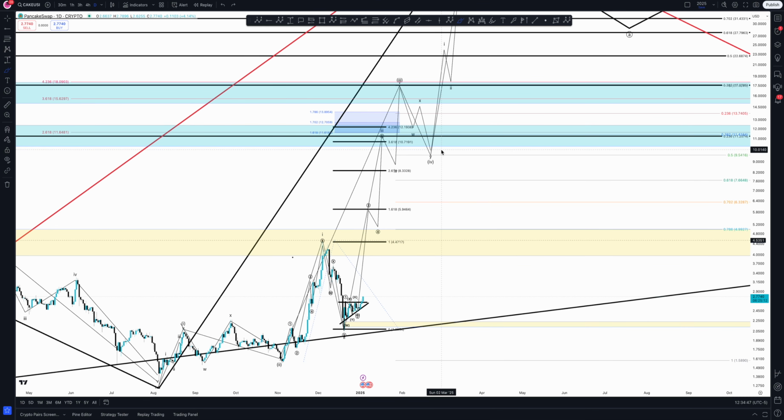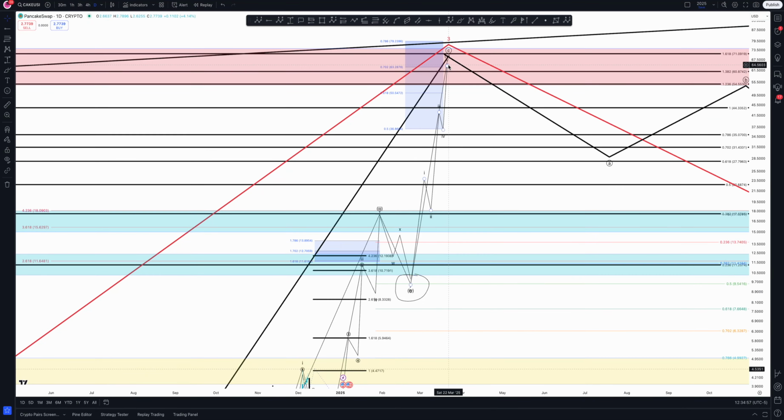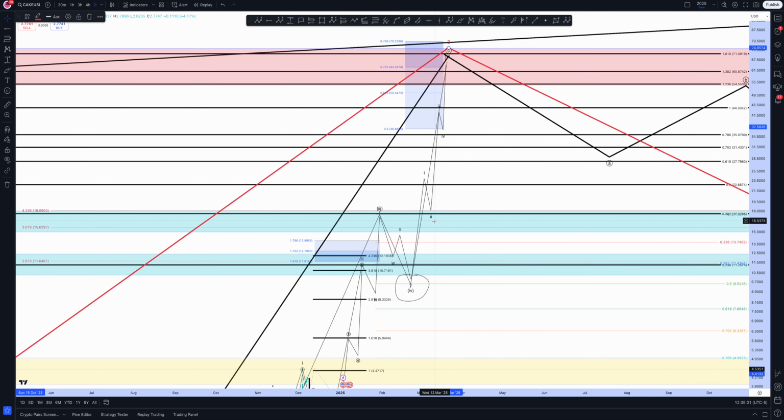This is when all of the mid-curvers step back into the market, and they drive it up for that one last wave, which would likely be the steepest out of all of them, the fifth wave extension. And then this is where all of the late adopters get in, right?